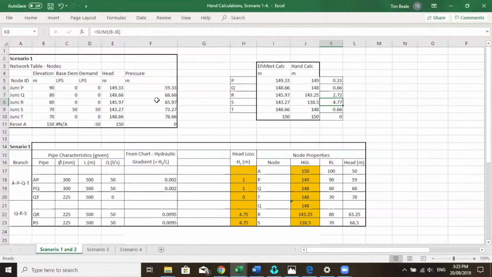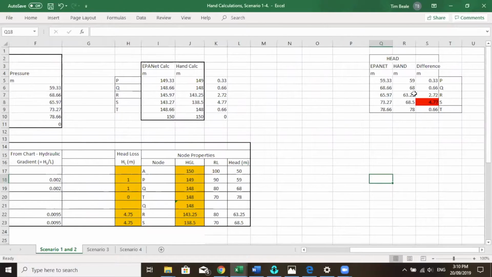So in comparing the two systems, hand calculated and EPANET, they are relatively the same. Variations can be accounted for by maybe the roughness coefficient. This is a comparison between the head values that we calculated and EPANET has calculated. As you can see here in this column, our biggest difference is 4.77 meters of head.